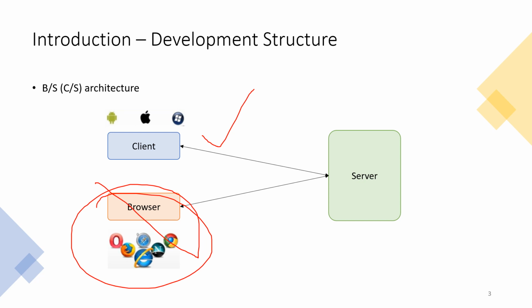However, on the browser side, from the service provider, this is less required. So you just type in the URL and then you can get the results. You don't have to get the update of their website, right? So from this perspective, the BS architecture, the browser-server, should have a better user experience.